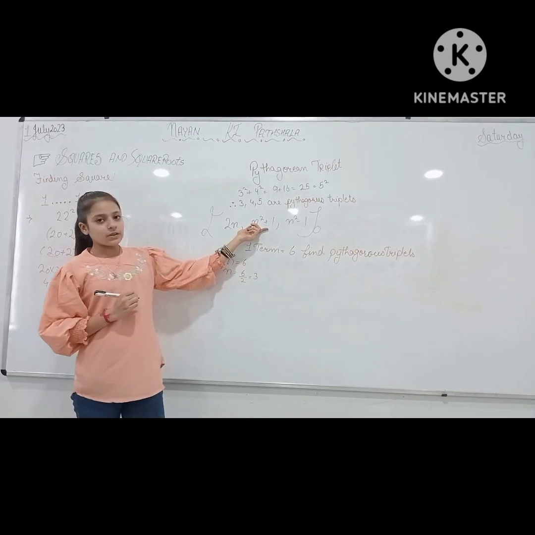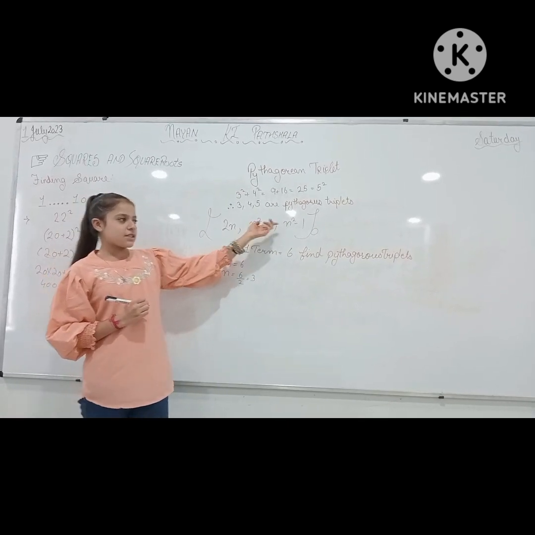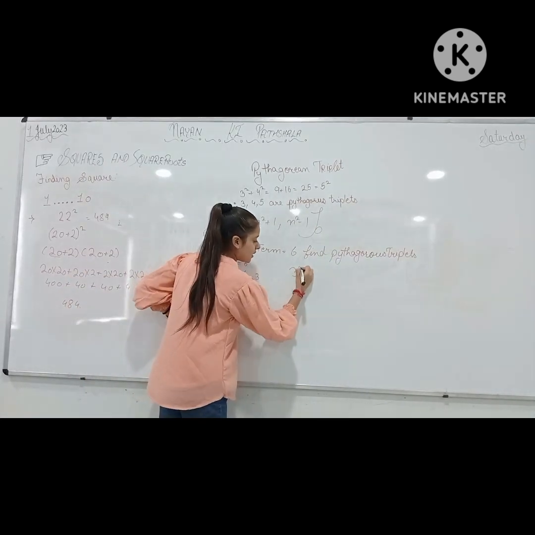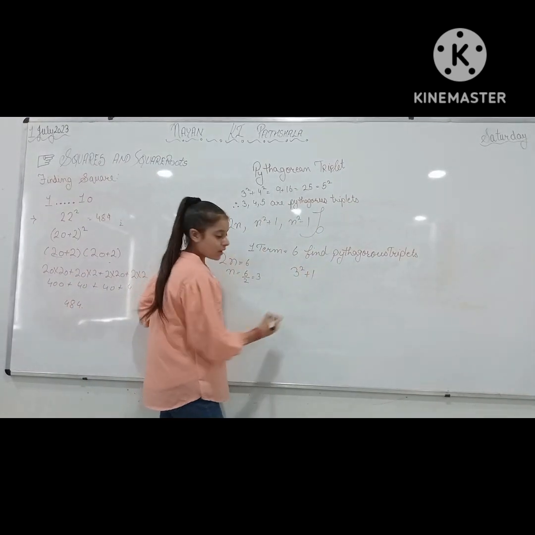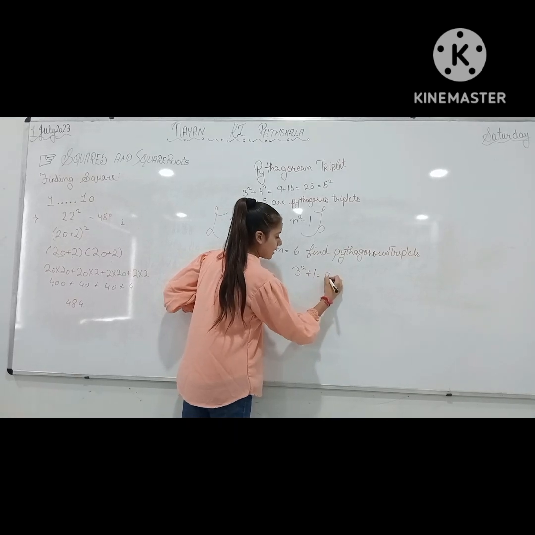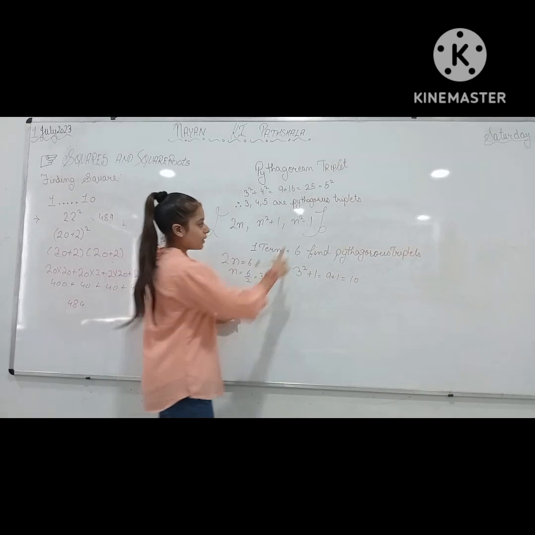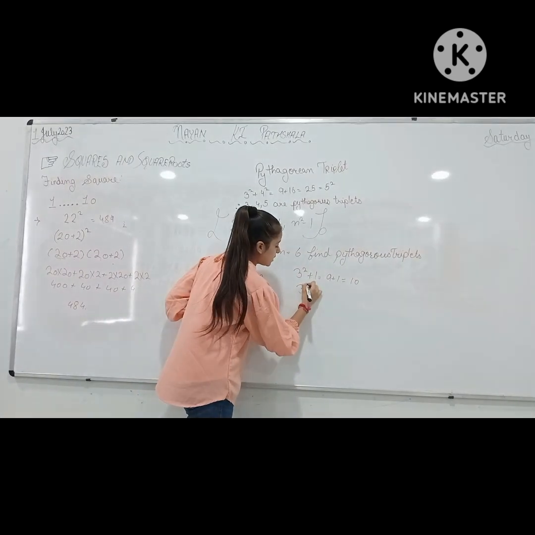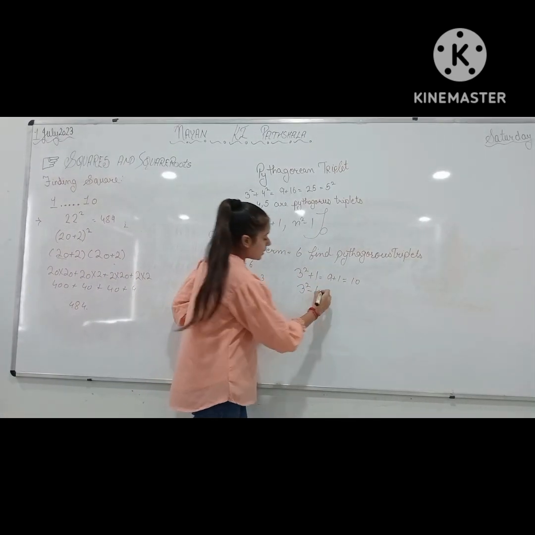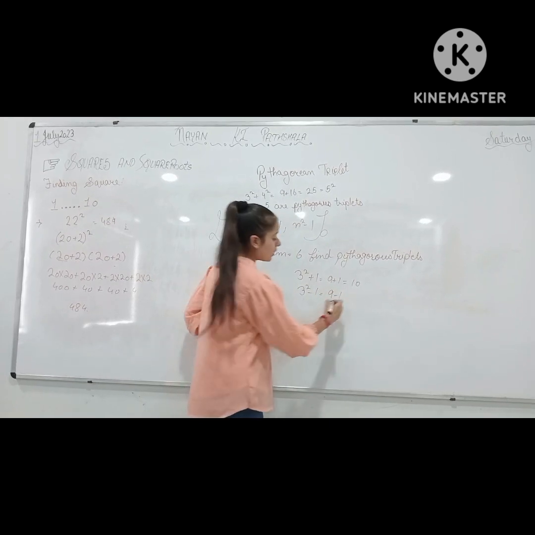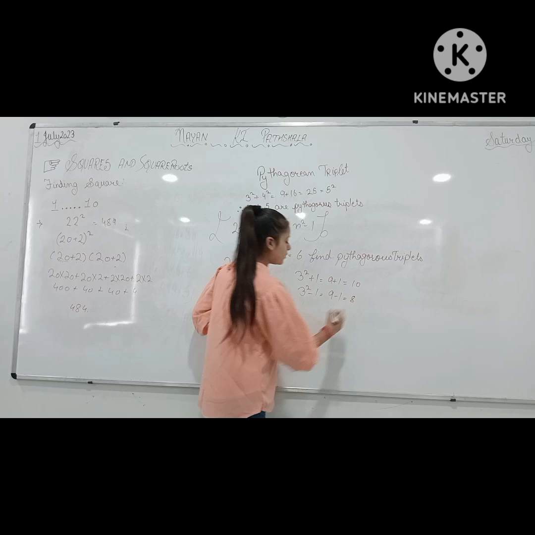Now we will find out the other terms, that are n square plus 1, n square minus 1. n is 3, 3 square plus 1, that is 9 plus 1, and that is 10. Now next, 3 square minus 1 is equal to 9 minus 1, that is 8.